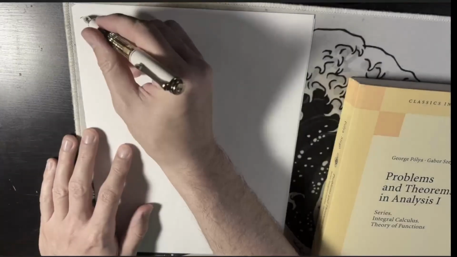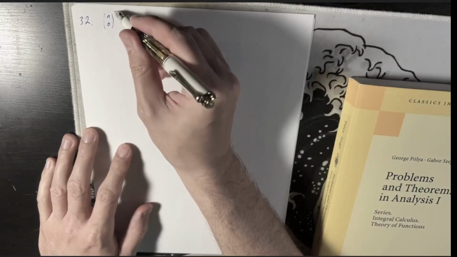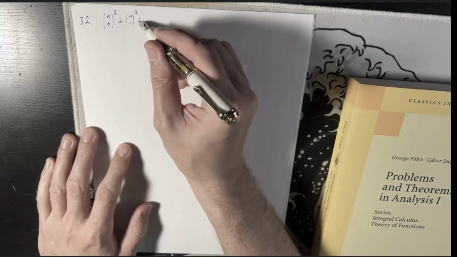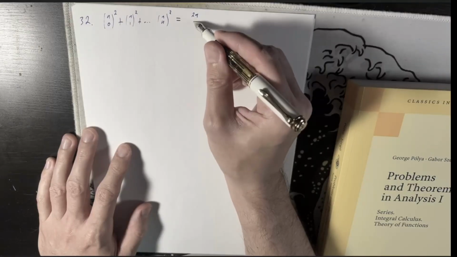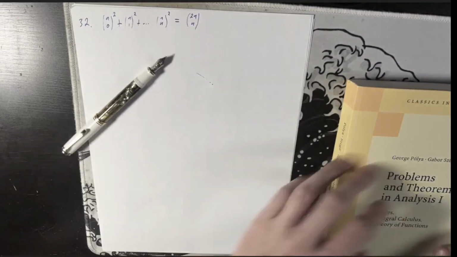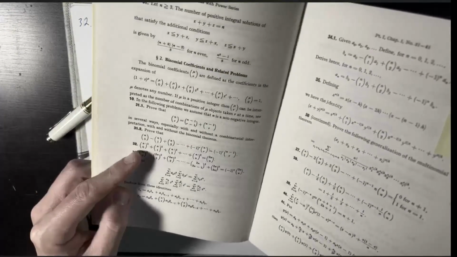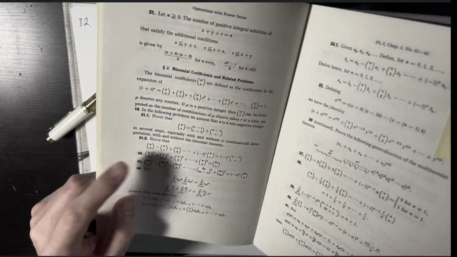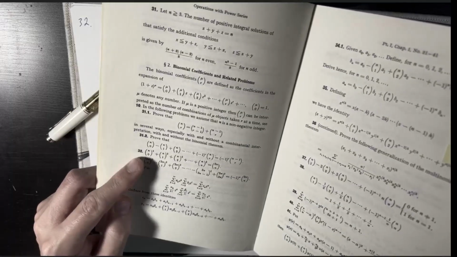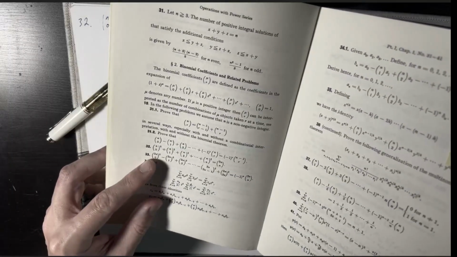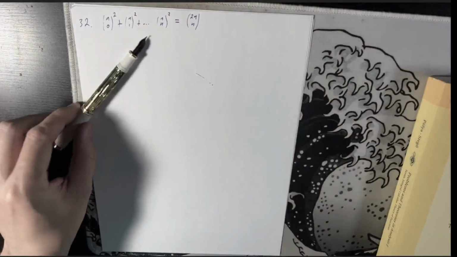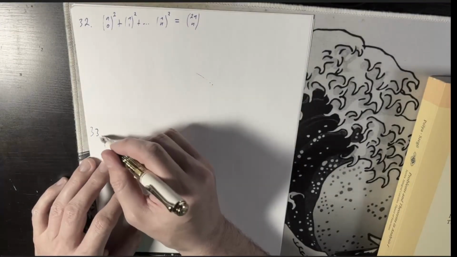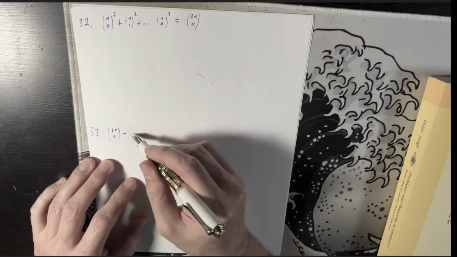So I'll try something first before I look again, but I'm not remembering it very well. I think we have that on the left, and he wants us to show you get 2n choose n. Pretty sure it was that. Yep, that was one of them. And then another one is, well, the top is 2n. 2n choose 0 minus 2n choose 1.